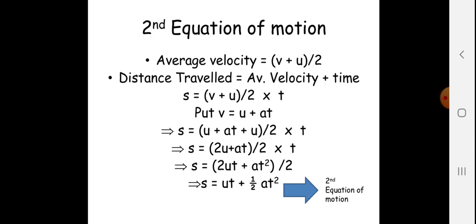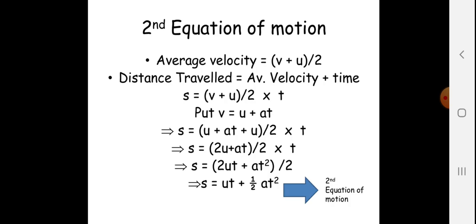So put v is equal to u plus at in place of v. So what you get is s is equal to u plus at plus u divided by 2, into t. Now u is 2 times, so that is added as 2u plus at divided by 2, into t.